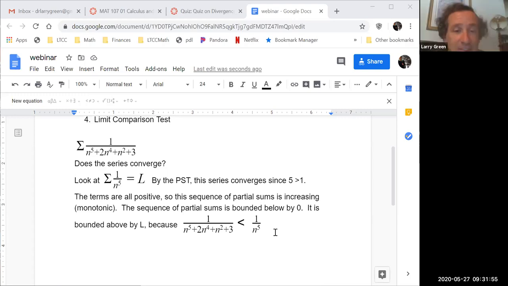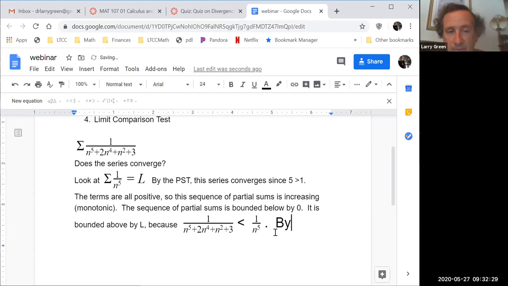And that's what this says, that 1 over n⁵ plus 2n⁴ plus n² plus 3 is smaller than 1/n⁵. So if we add up, plug in 1, plug in 2, plug in 3, up to 1,000,000 or something, you're still going to be smaller. Any questions on that idea?